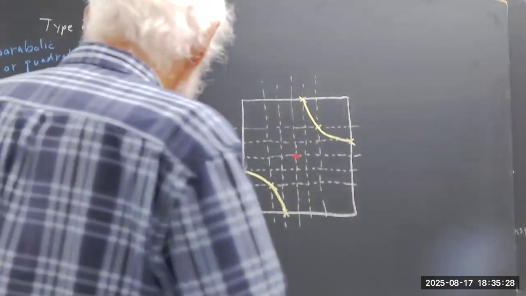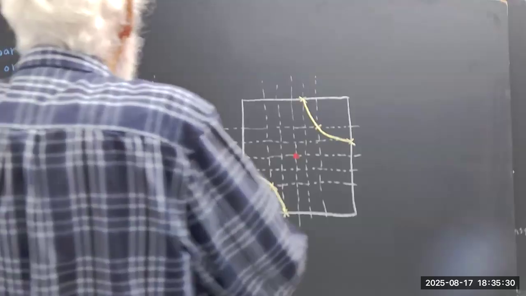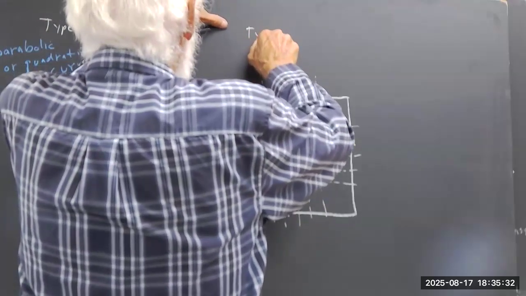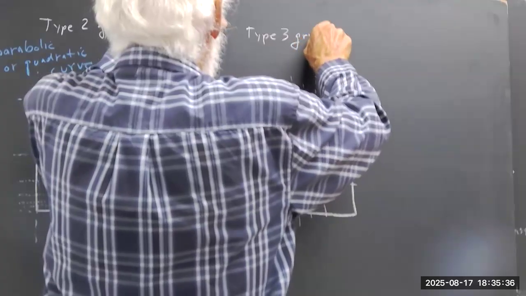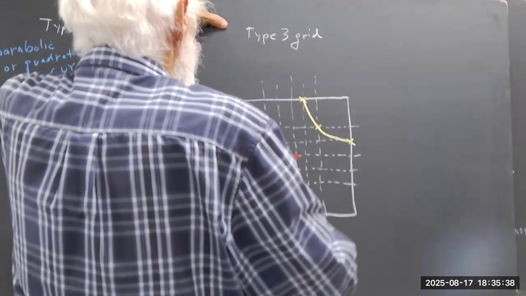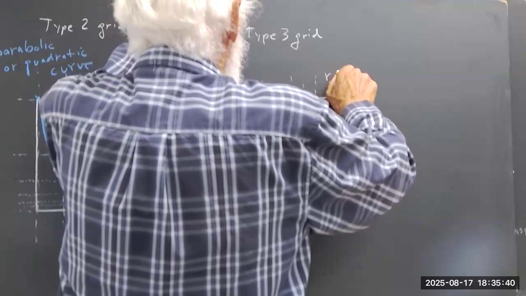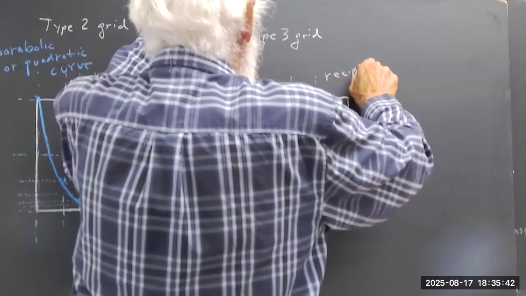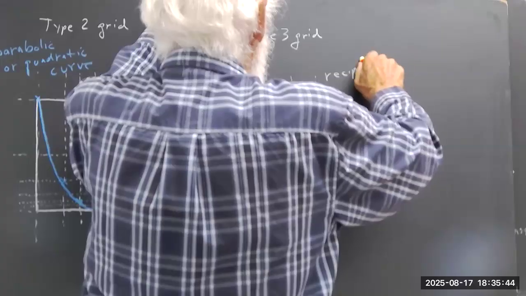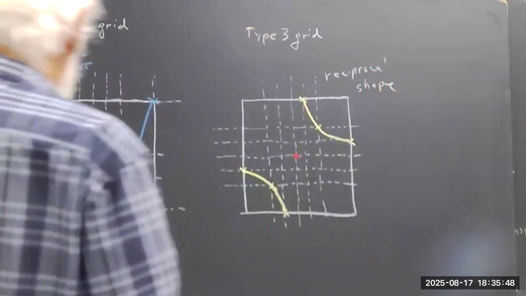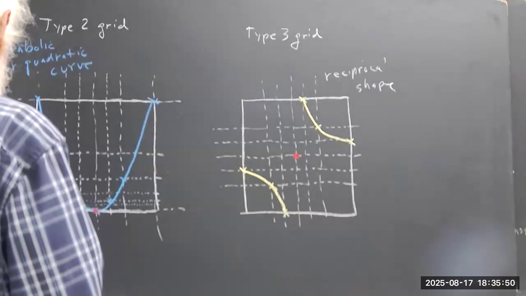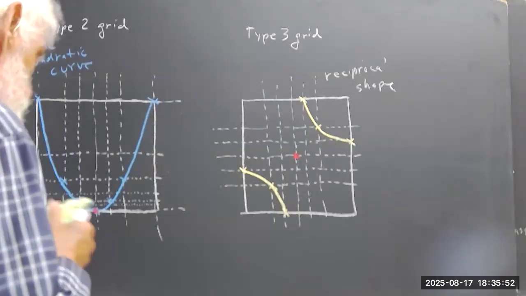Okay, so this is a type 3 grid with a reciprocal shape. And I like to use the word shape instead of curve.